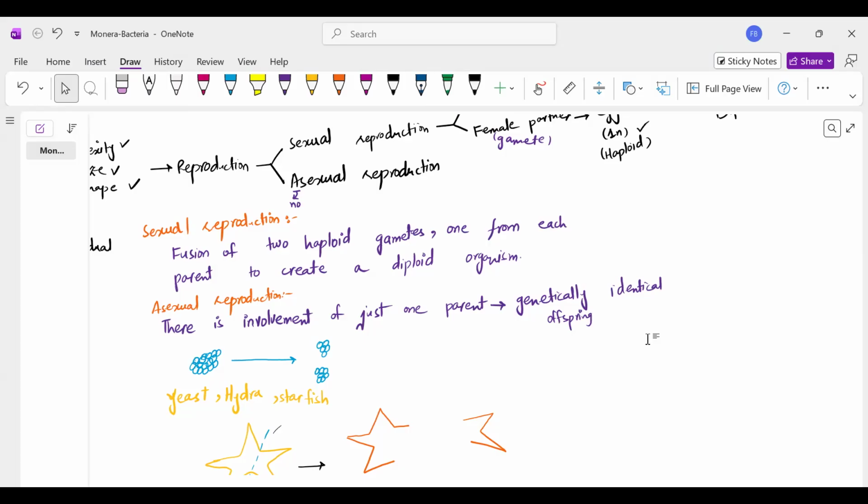In simple words, organisms produced as a result of sexual reproduction have more chances to survive compared to those which are asexually reproduced, because when organisms are asexually reproduced, there is less variation, and due to that less variation, they cannot survive for a longer time. Clear?